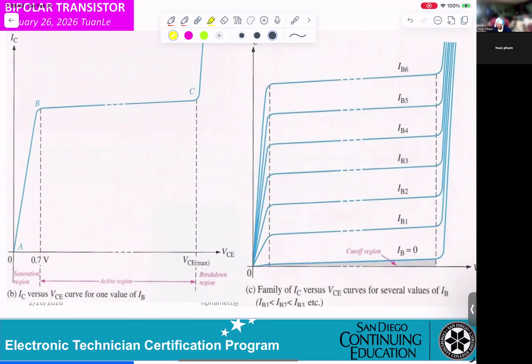This is IC versus VCE for one value of IB, and another one is a family of IC versus VCE curves for several values of IB. The only difference is they use only one IB. This one, they can use either one. You can select which one.